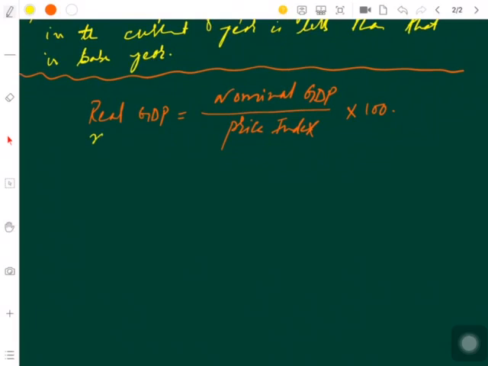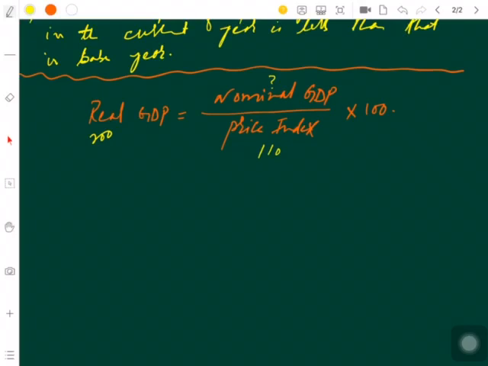You know that the price index is always with a base of 100, and 10 means 10% has increased.